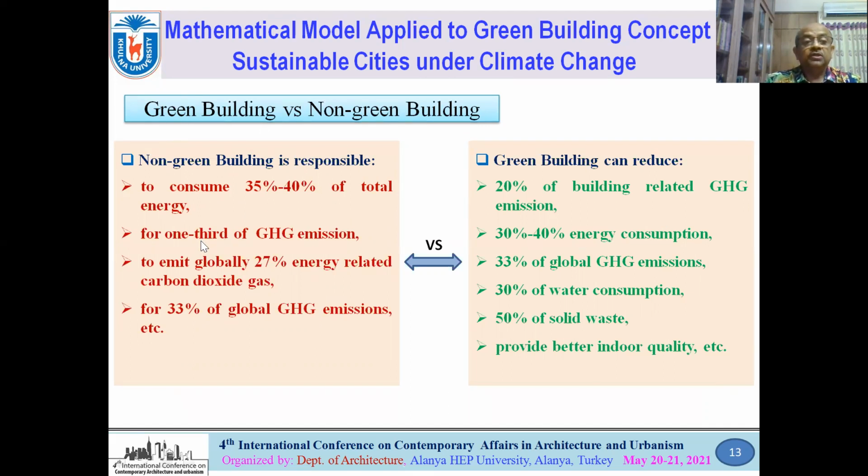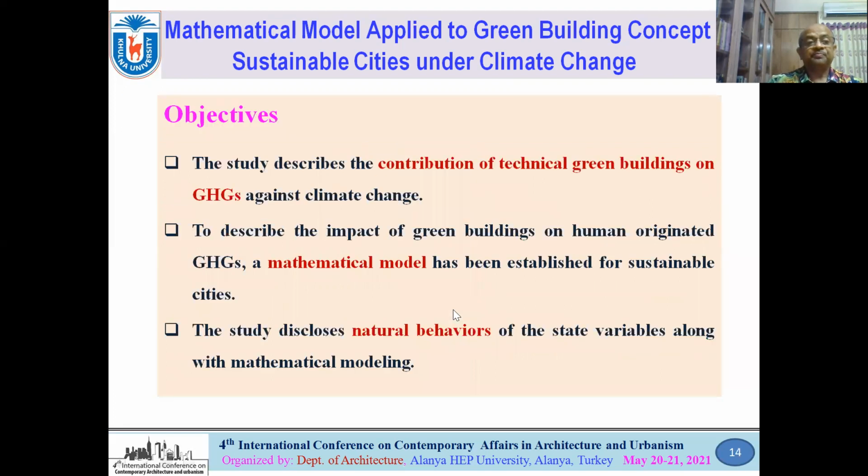One third of the greenhouse gas is emitted from non-green buildings, but green building can reduce building-related greenhouse gas by 20%, which matters since 27% of energy-related carbon dioxide is emitted globally. And green building can reduce 30% of the water consumption, 50% of the solid waste, and provide better indoor quality. So this is the advantage of green buildings for the next sustainable development for our smart city.